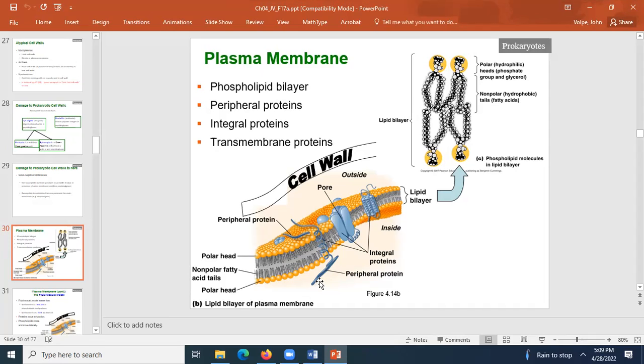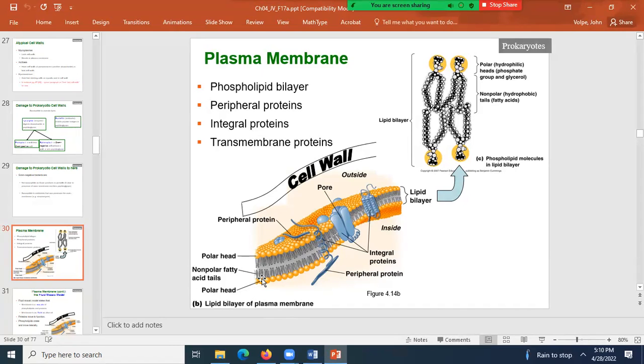Remember that the phospholipid molecule is the main molecule in the cell membrane, or what's called the plasma membrane. The phosphate heads, which are polar, face inside the cell and outside the cell. The polar heads are facing the water. Think of this being a red blood cell. It's mostly water outside, and the polar head is facing the water.